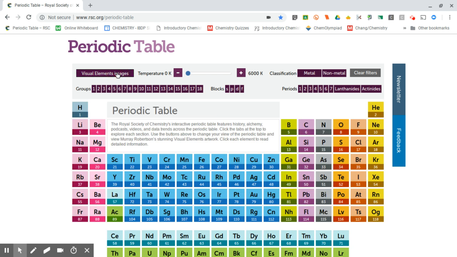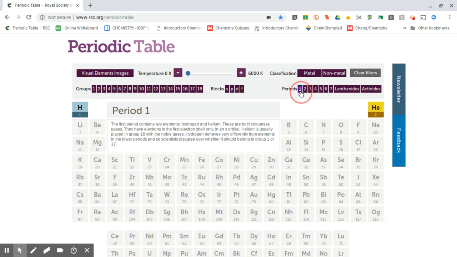The next thing that you can explore using this interactive periodic table will be checking every single period. So period number one, which is hydrogen and helium, they both have one level of energy.